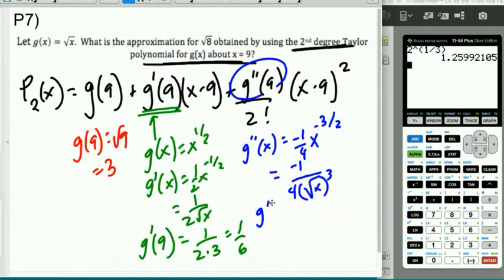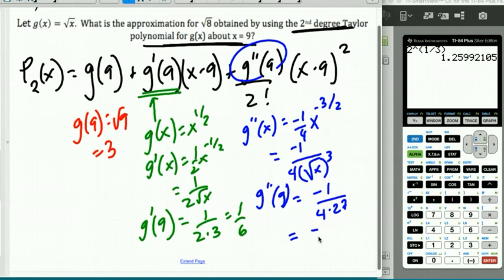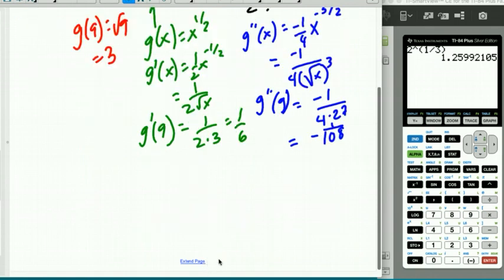So g double prime of 9 should be a negative 1 over 4 times, so this would be the square root of 9, which is 3 cubed, so that's a 27, and that's a pretty ridiculous, crazy number. So should be 108, I think, right? Because it's an 80 and a 28. Yep, so negative 108, so 1 over negative 108.